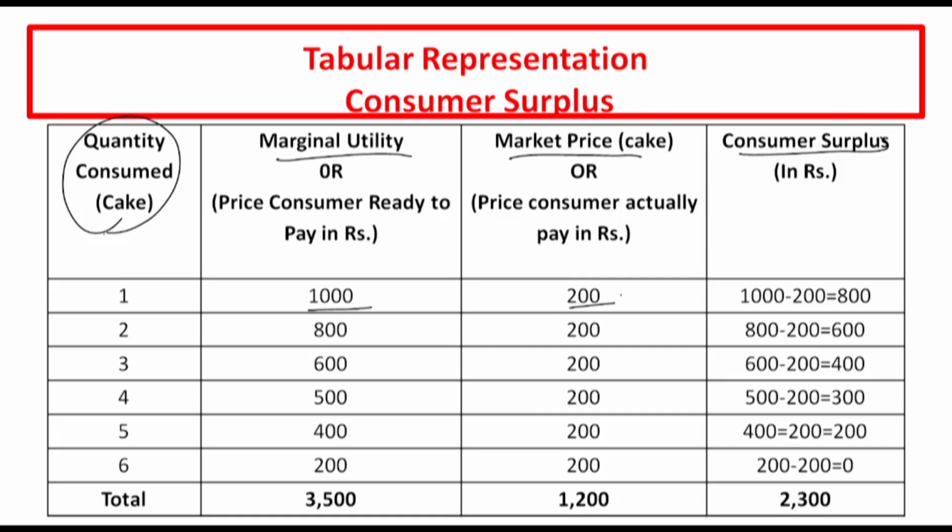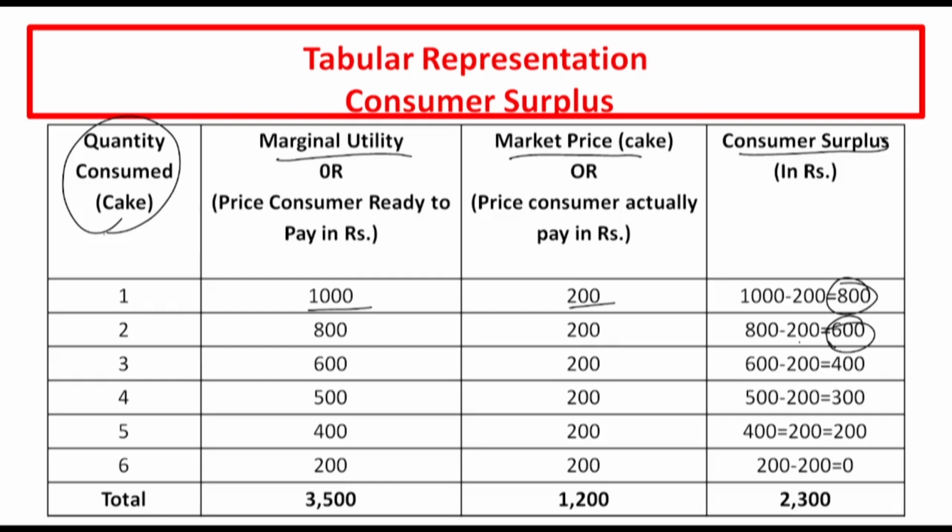So what he is willing to pay and what he actually pays, the difference is the consumer surplus. So, here 1000 minus 200 gives him a consumer surplus of 800 rupees. On the second unit he is ready to pay 800, but what he actually pays is 200. Again he is getting a surplus of 600 rupees.